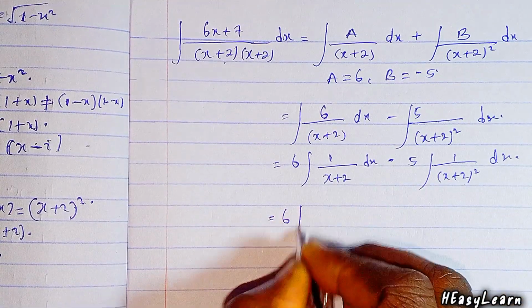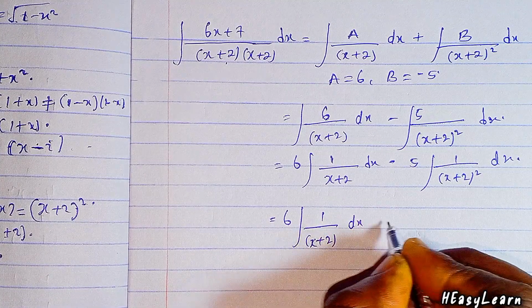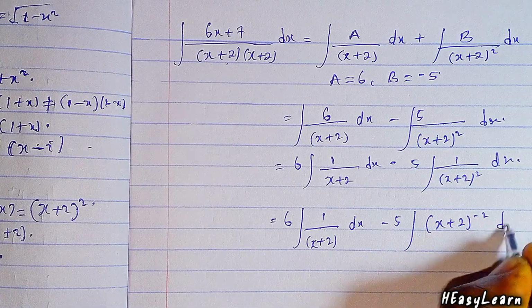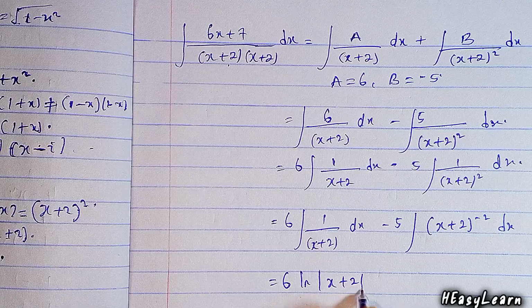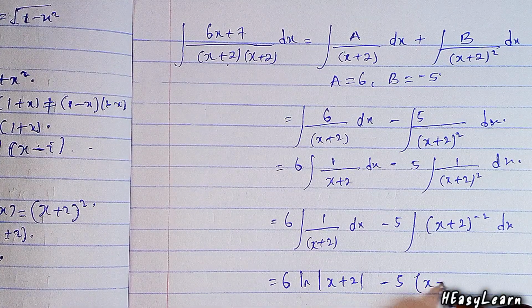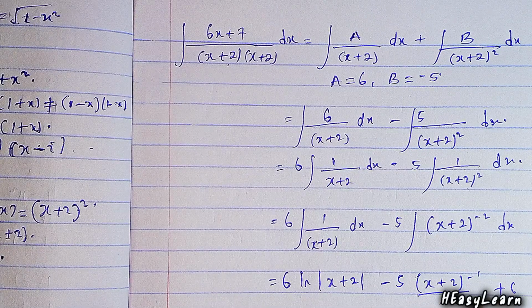So this is the same thing as 6 times the integral of 1 over x plus 2 dx minus 5 times the integral of (x plus 2) to the power of minus 2 dx. This is 6 ln of x plus 2 minus 5, then reduce the power over the new power, (x plus 2) to the power of minus 1 over minus 1, plus constant of integration.